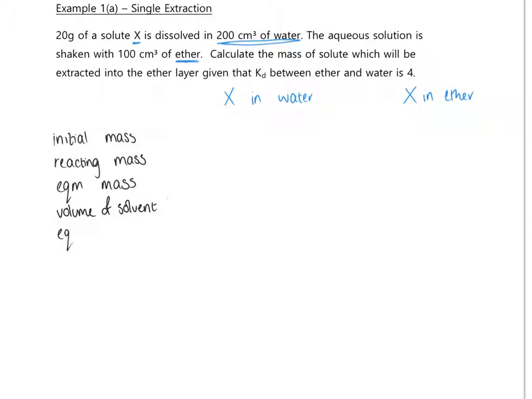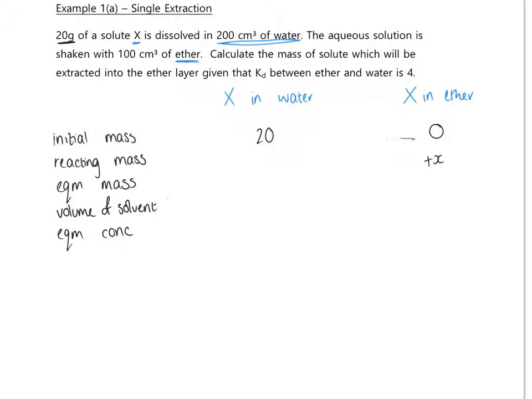and the equilibrium concentration. So initial mass, firstly, we've got 20 grams of solute X dissolved in water. Just be careful which one it starts in. That means if initially it's all in the water, we'll have none in the ether. We don't know what our reacting mass is, and so we can just take that as plus X in the ether layer.